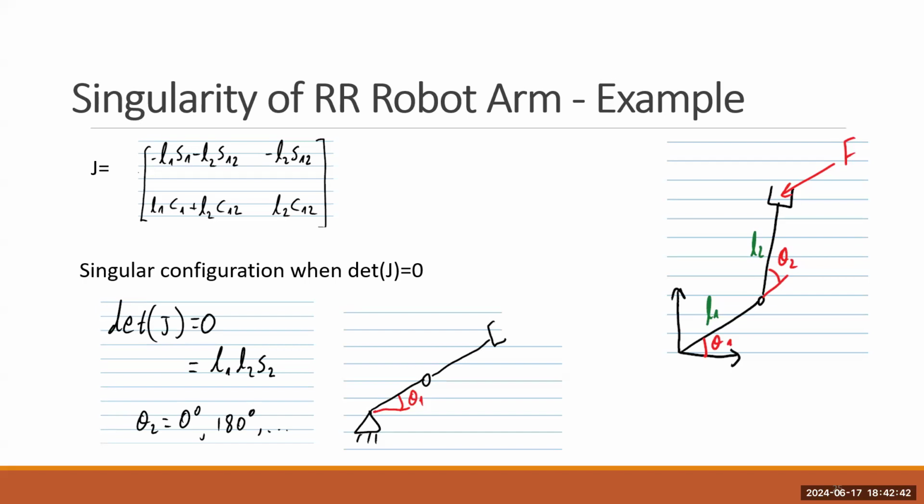That means that the Jacobian has a reduced rank, and therefore we cannot apply a velocity in this direction. We can generate a velocity only in this direction.